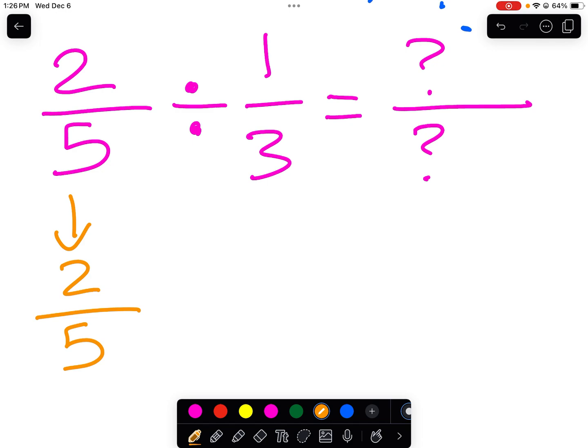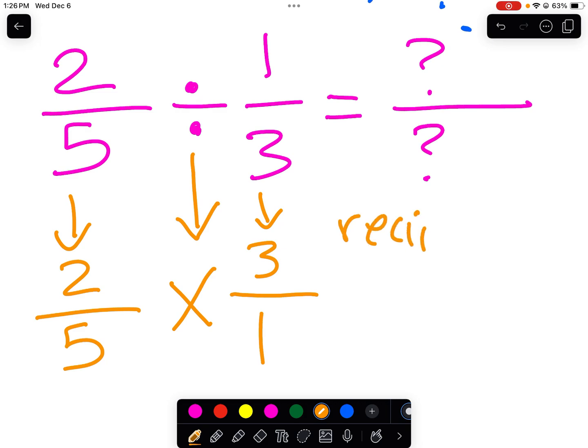And now watch this. You're going to take this division symbol and convert it to a multiplication symbol because we are actually going to multiply to get the answer. So you change division to multiplication, and then this very important step, we're going to take the reciprocal of 1/3, which is 3/1.